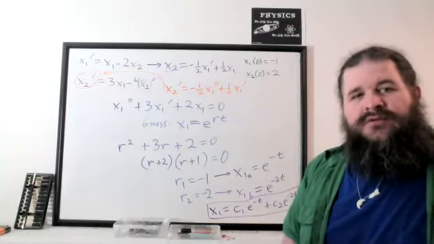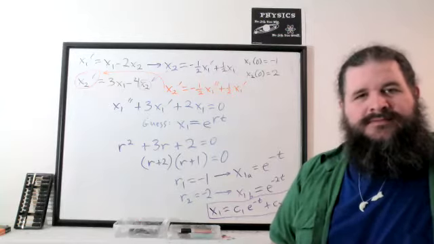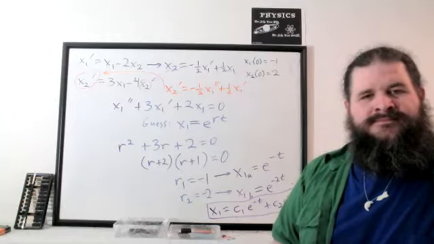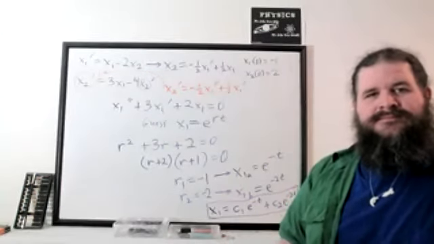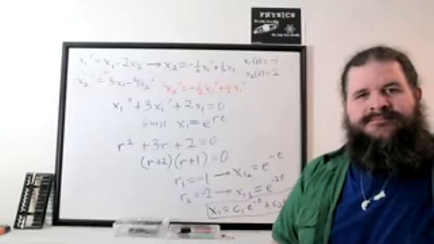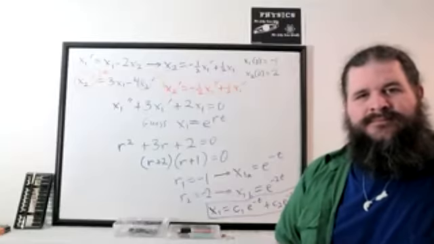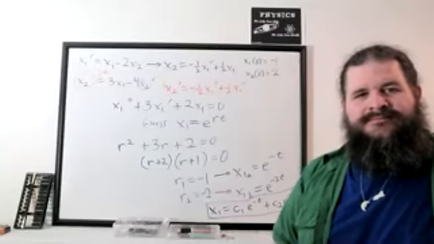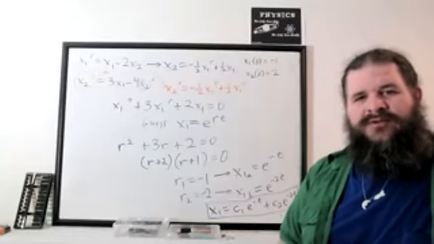And now that we've got a general solution for x1, how do we find a general solution for x2? Did we have some way of relating x1 and x2 in the first place?